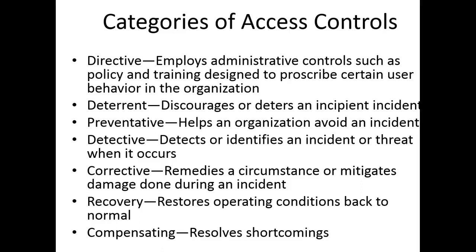For instance, changes to the firewall to block the reoccurrence of these types of attacks is a corrective behavior. Recovery is restoring operating condition back to normal, for instance a data recovery or backup. And compensating is resolving a shortcoming, such as requiring the use of encryption for transmitting classified data over unsecured networks.